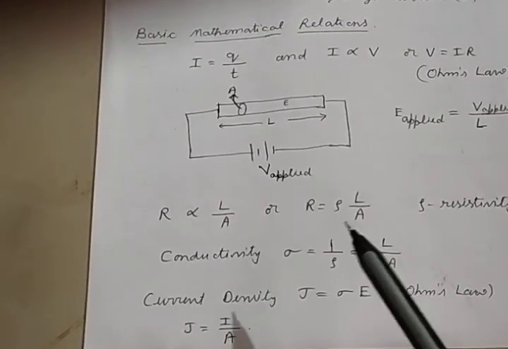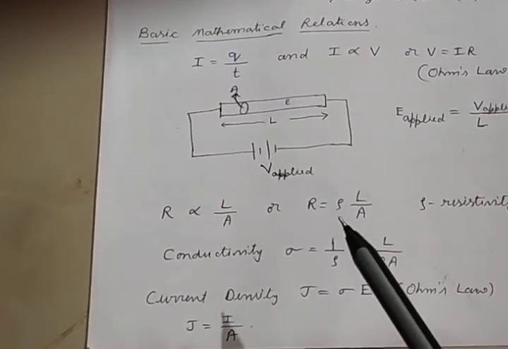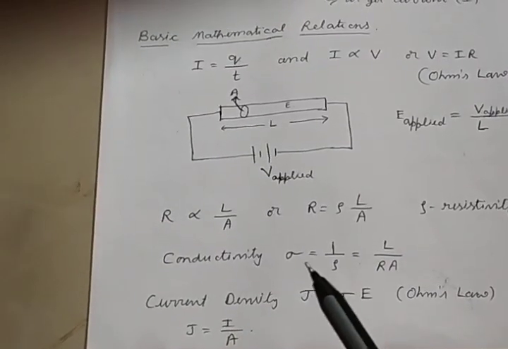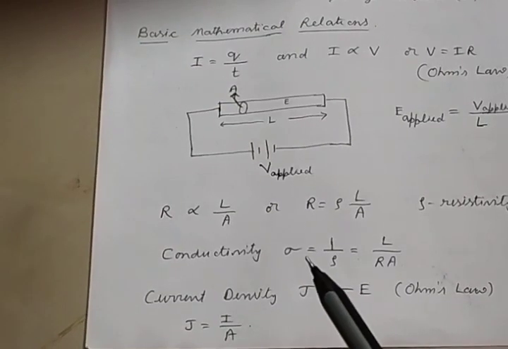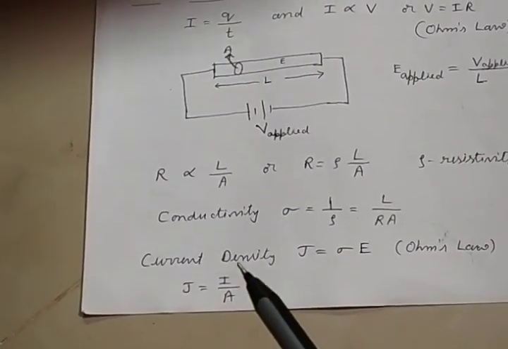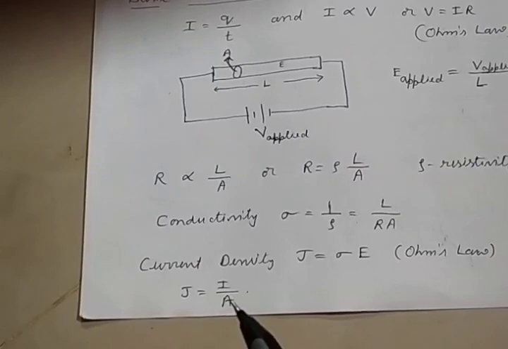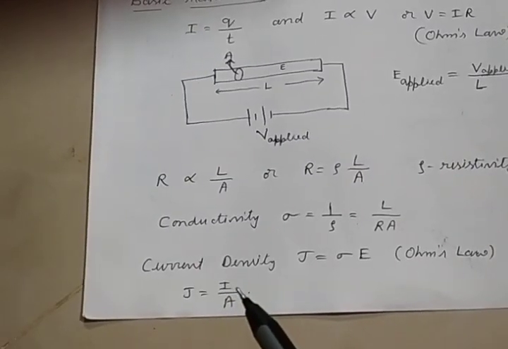So you can see it all from this equation. Resistivity has the unit ohm meter. Conductivity is the reciprocal of resistivity, therefore it will have the unit per ohm per meter. Current density is current per area of cross section, therefore it is ampere per meter square.